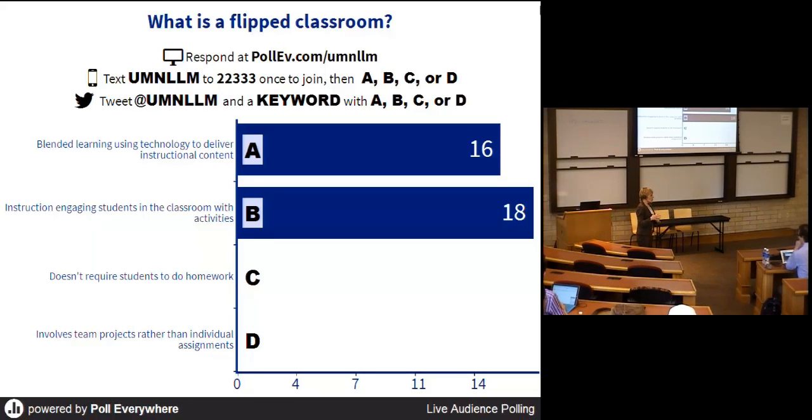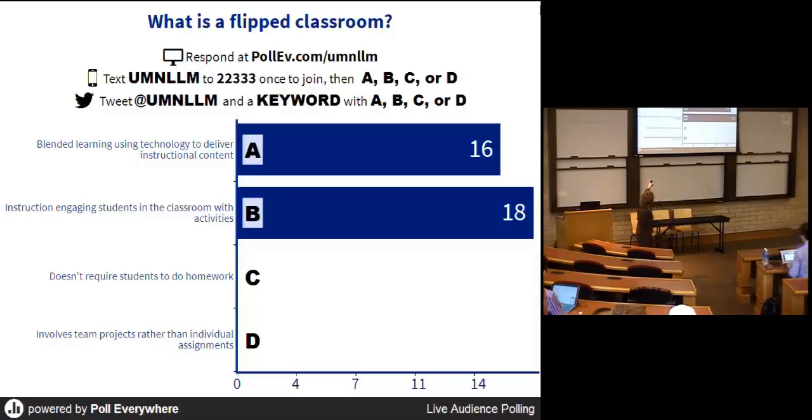A flipped classroom or flipped learning is an instructional methodology or a type of blended learning in which the instructional content is delivered outside of the classroom, often in the form of online recorded presentations, and activities that have traditionally been considered homework are moved into the classroom. So it's often defined as classwork at home and homework in the classroom.